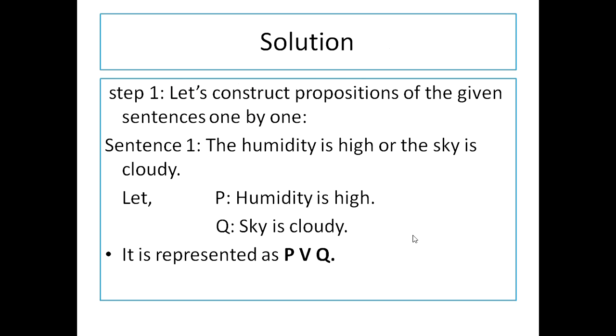So first let us generate a propositional logic statement for the first sentence. There are two sentences connected in this particular sentence. Let us assume that P denotes humidity is high, and Q denotes the sky is cloudy. So we can connect these two by using the OR operator. So P or Q denotes this particular statement.